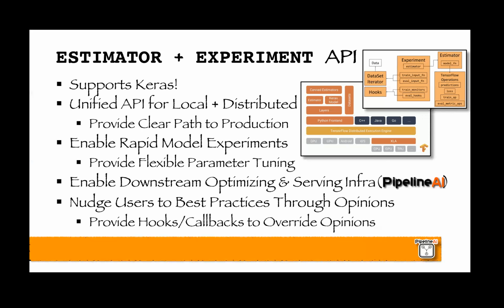And so this estimator API is an attempt to kind of right that ship a little bit and give you a single API that can very easily run locally and on a cluster. This is one of those areas that you can tell came out of the Cloud ML Engine product management team, and specifically the experiment API.